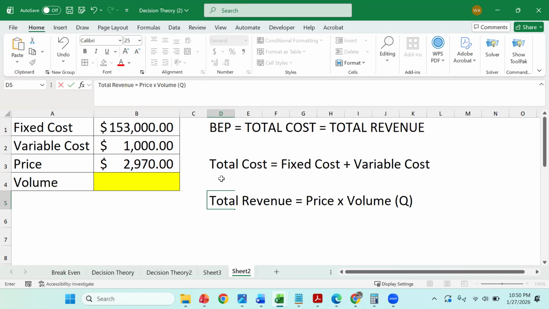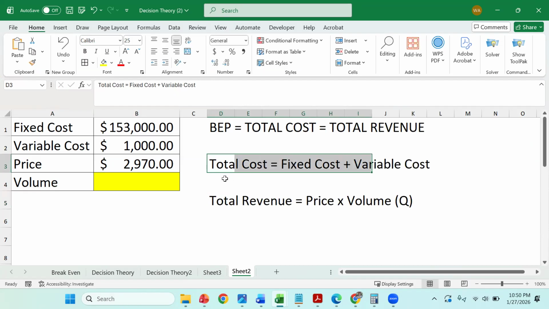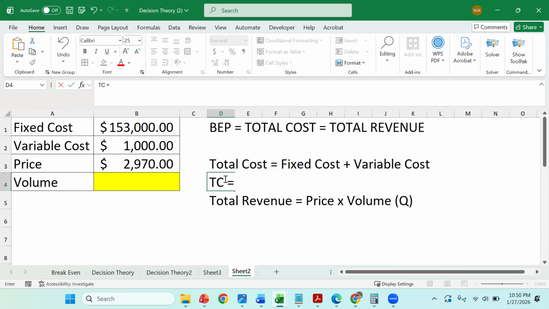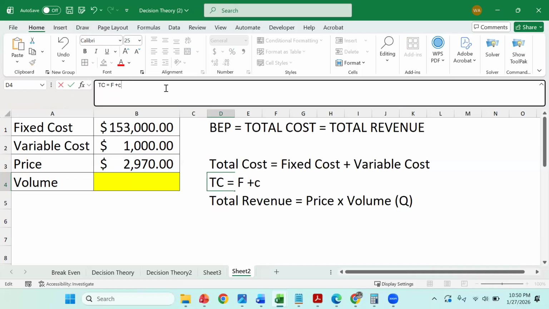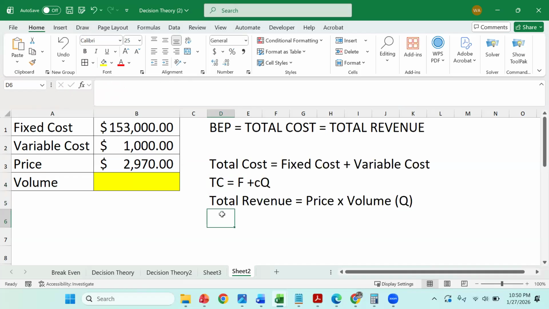Now, this formula for the total cost, I'm going to simplify further and say total cost equals our fixed cost, F, plus our variable cost, which I'll give the small letter C, multiplied by the volume of patients, which is Q. Our total revenue can be simplified to TR equals the price, small letter p, multiplied by capital Q, the volume of patients.